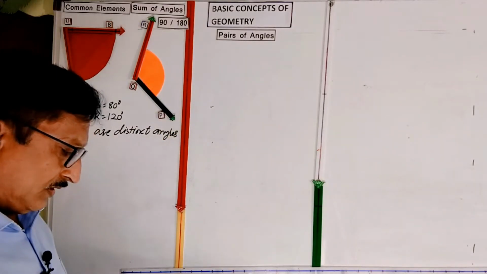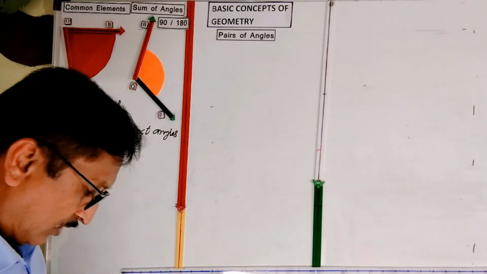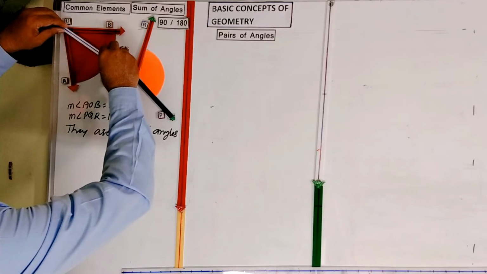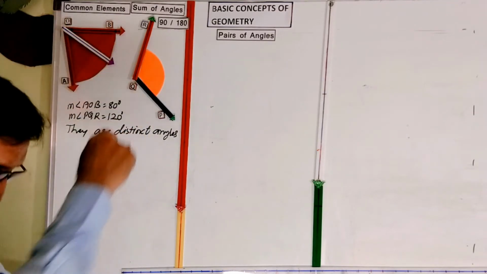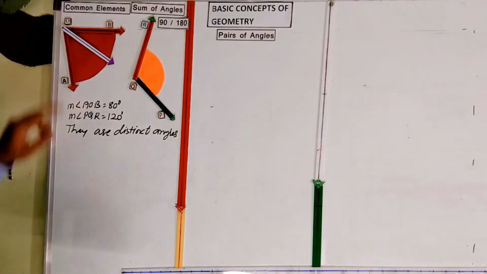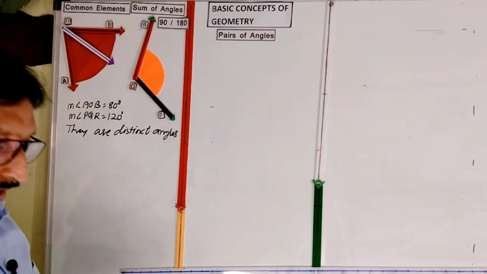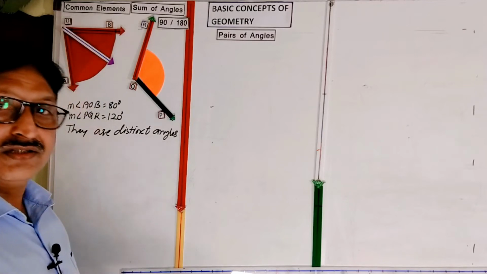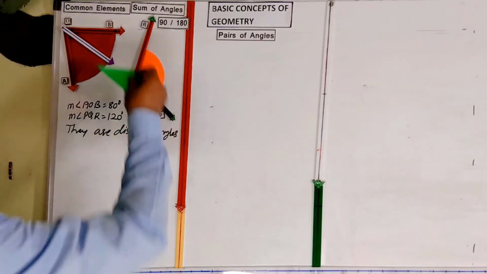Now, suppose we draw a ray passing through the vertex O inside the angle AOB. What will happen here? See, due to this ray, this angle is divided into two parts. Now, we can show the interiors that are made by this ray.